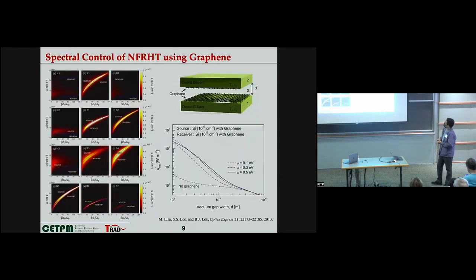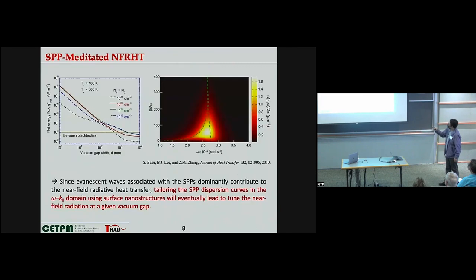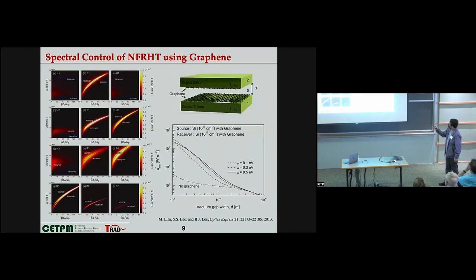So first we look into a very simple geometry using 2D materials like graphene. Initially we have doped silicon, because we have the doped silicon calculation already. So we start with the doped silicon, same configurations, and we apply monolayer graphene on the surface and see how it can change. And this is the no graphene case, so bare doped silicon plates.